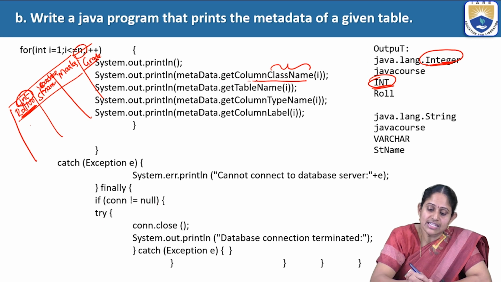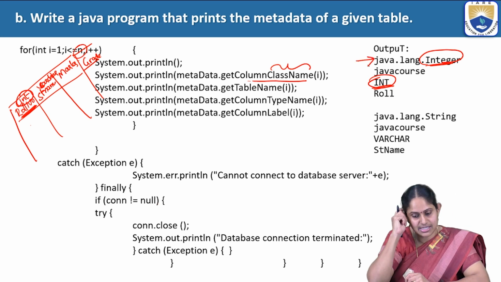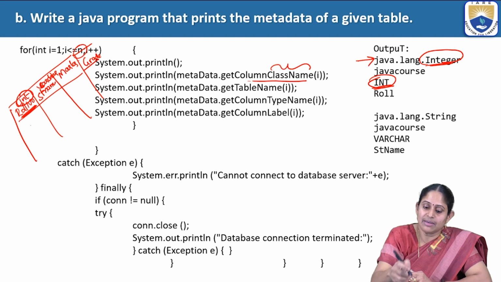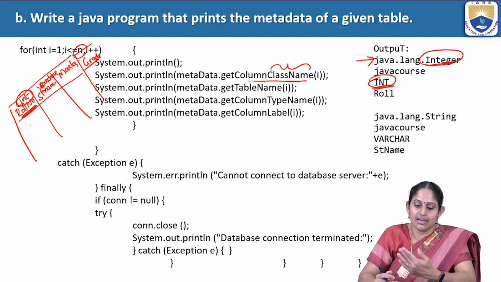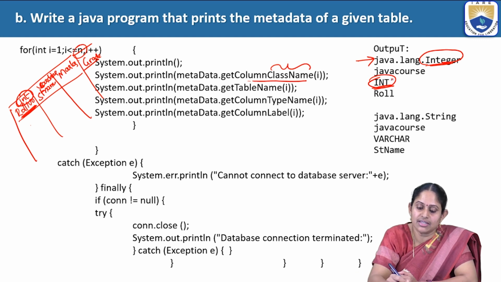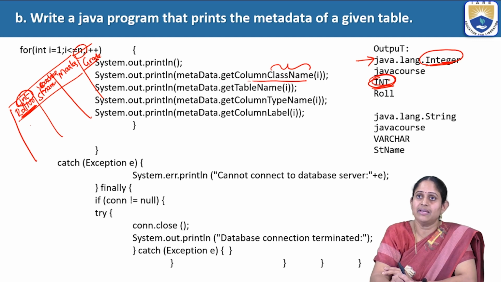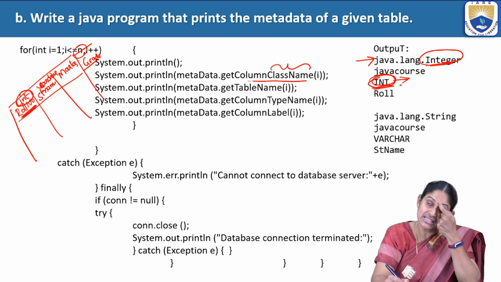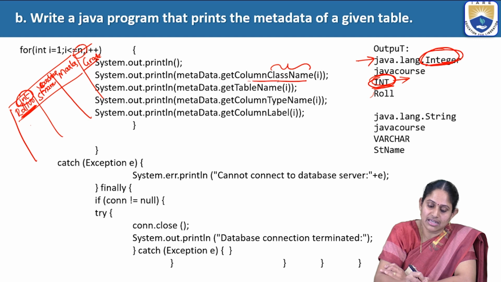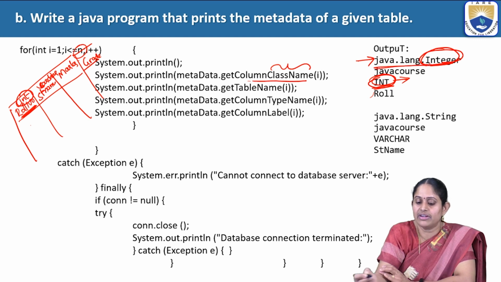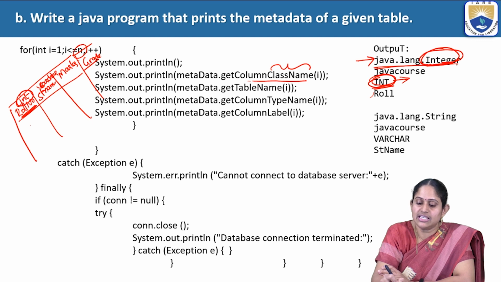So getColumnClassName returns the class name of the result set in which the database data is stored. Since the database is storing this column as integer, this will be stored as the integer class of Java. So it belongs to Java's lang Integer class.